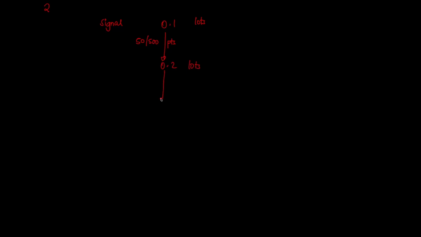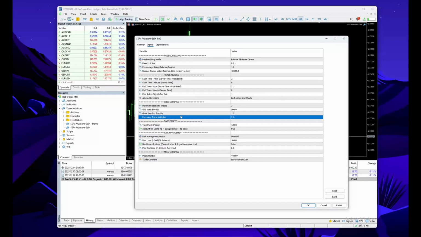If it then goes away from my trade by 112 pips, 1120 points, it will take another trade of 0.4 lots, since it's multiplying the previous trade by this factor. That's essentially what this recovery trade multiplier does.